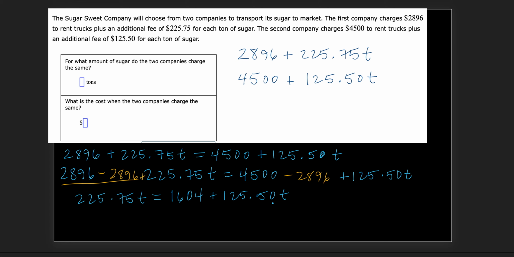Now I need these t's to be together, so I'm going to move this over to that side, and you would subtract 125.50t from both sides. So I'm just going to show it on that left side.